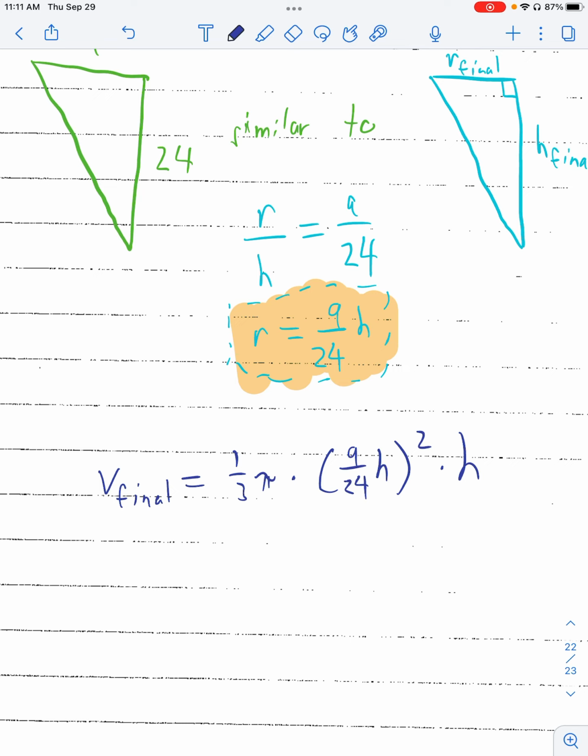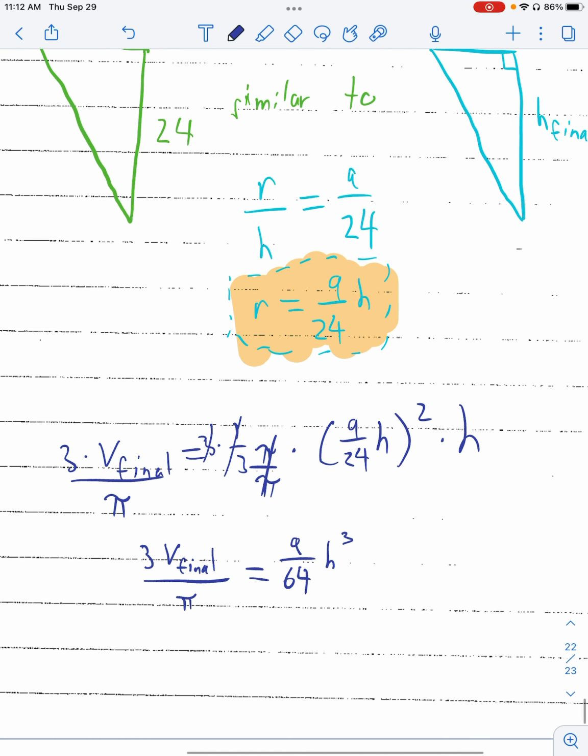I'm going to multiply by 3 on both sides to get rid of my 1/3, and divide by pi on both sides to get rid of my pi. Then I'll have 3 times V final over pi equals, what's 9/24 squared? It's going to be 9 over 64 H cubed.